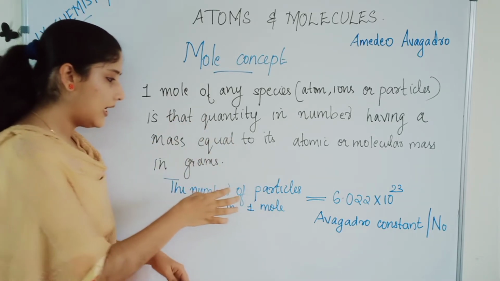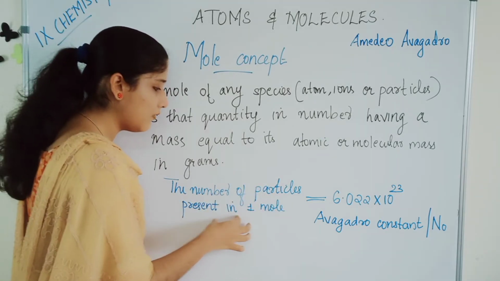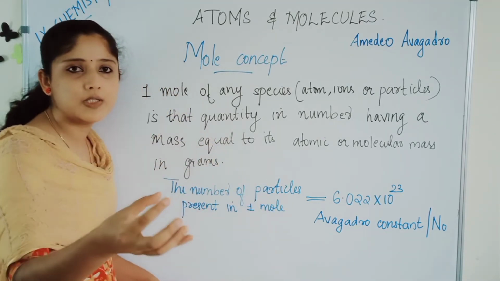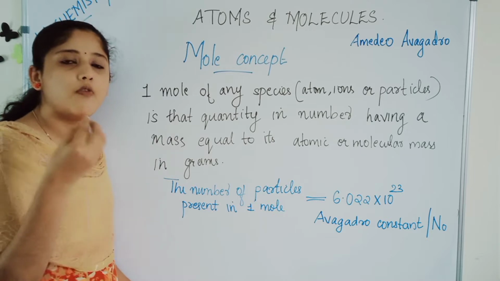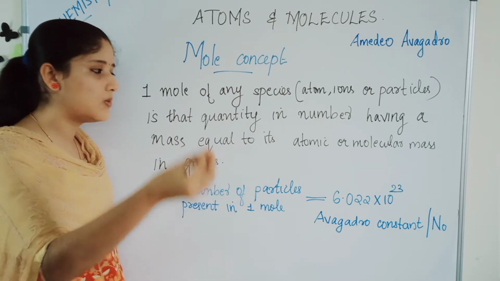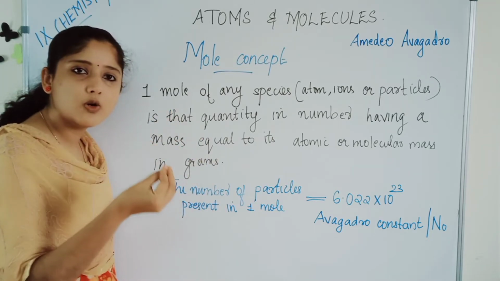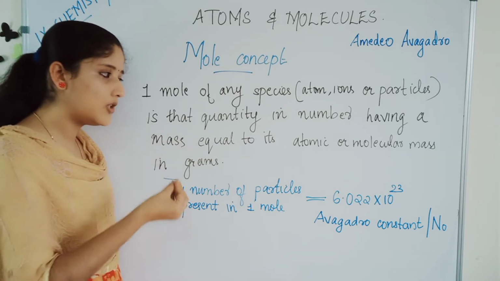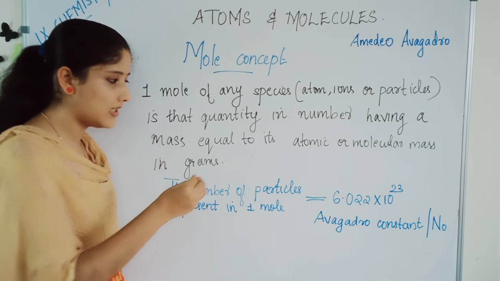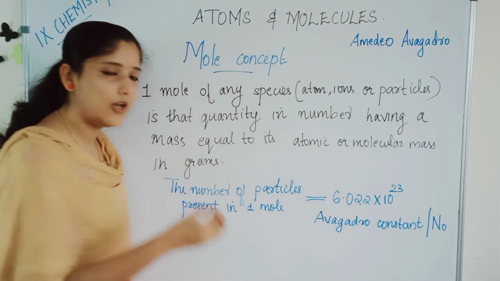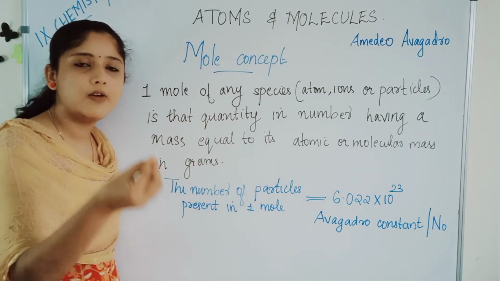The number of particles present in 1 mole: 1 mole of a substance has how many particles? 1 mole of any substance will have 6.022 into 10 raised to 23 particles. This is a constant value.